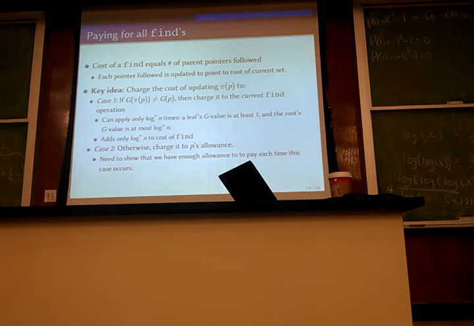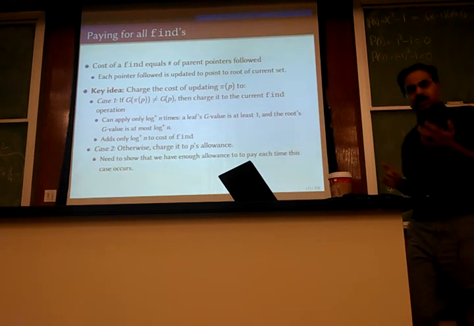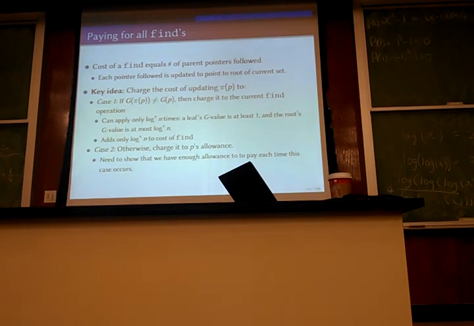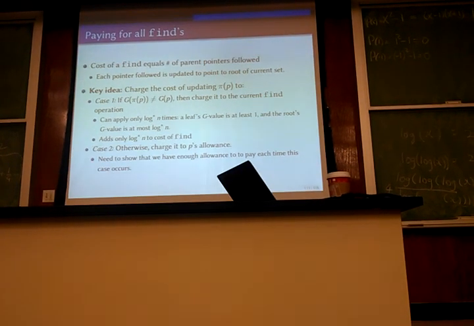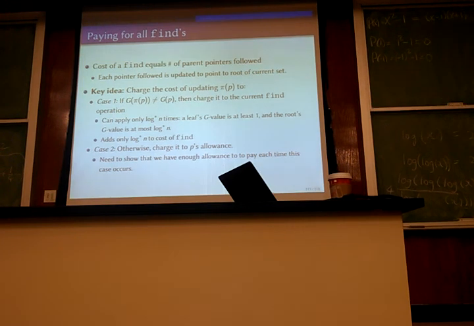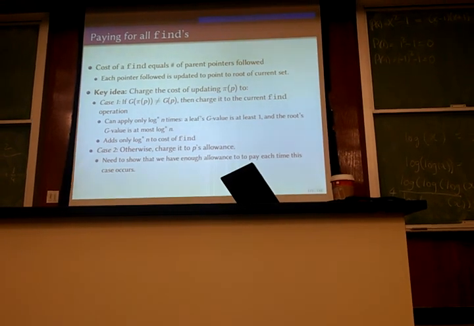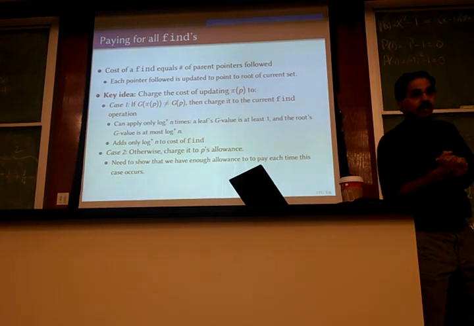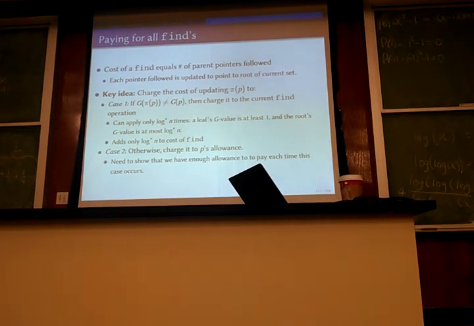Okay? And as we said, log star is essentially like a constant, so you have an algorithm for the disjoint set data structure which basically allows you more or less constant time operation, and that's why it's a very, very useful and very powerful data structure.